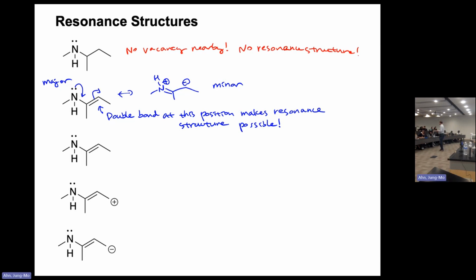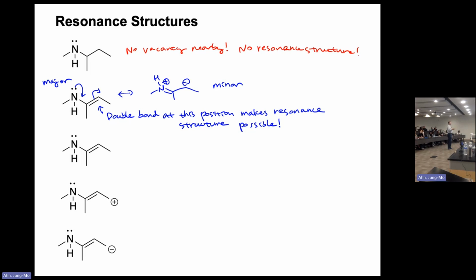In the previous example, we talked about the carbon with the positive charge. That has an octet-unfilled carbon here. But this one, this one doesn't have any charges at all. All the carbons are octet filled, all the nitrogens are octet filled. This is the most stable form compared to the other one.